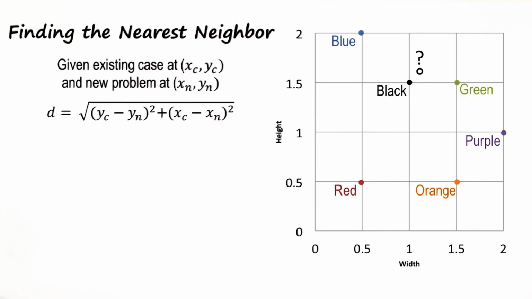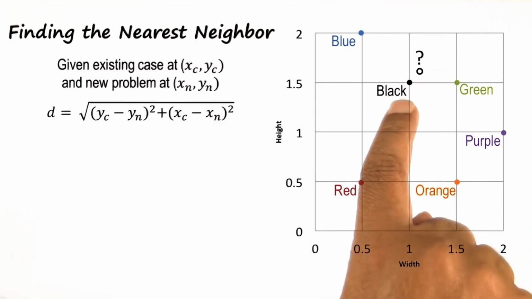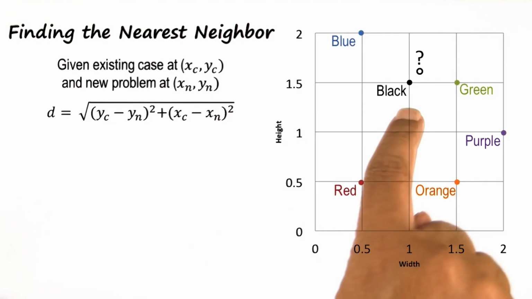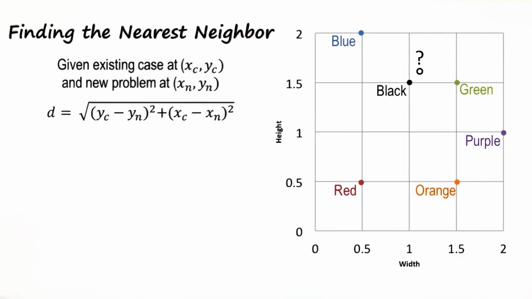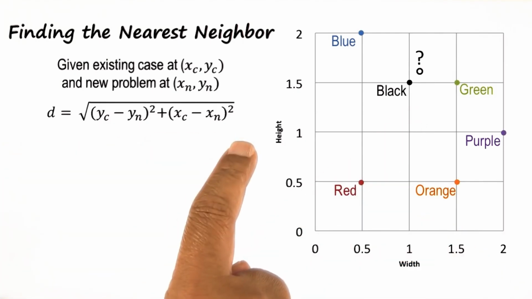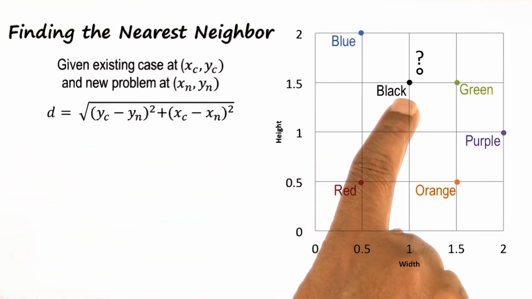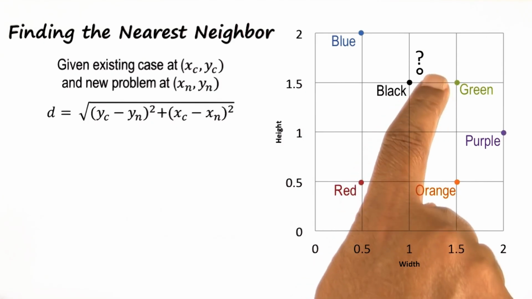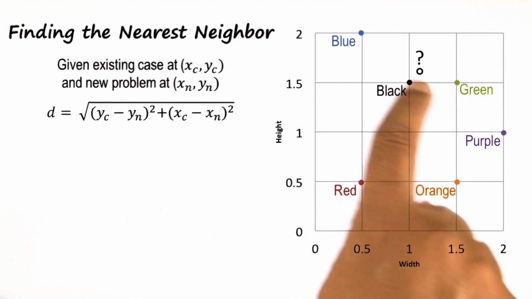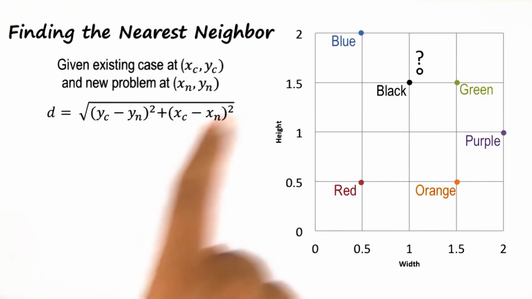Now we need a way of calculating the distance between a problem and a case. One measure of the distance is called the Euclidean distance. Here is a formula for the Euclidean distance. The Euclidean distance between 2 points, x of c and y of c, which define the case, and x of n and y of n, which define the problem, is given by this formula.